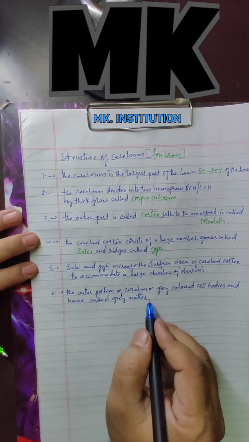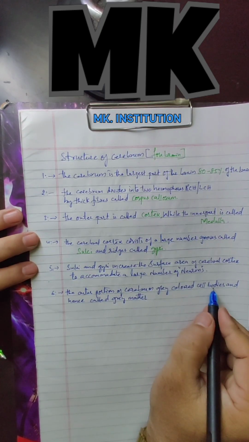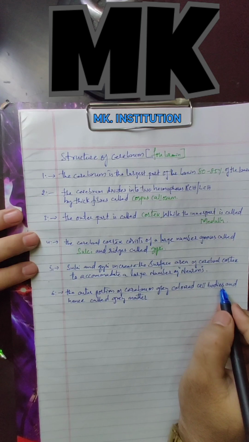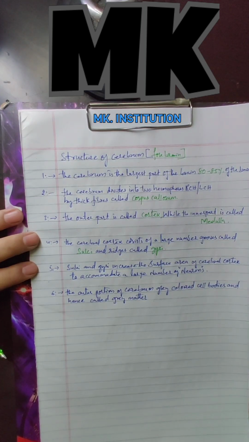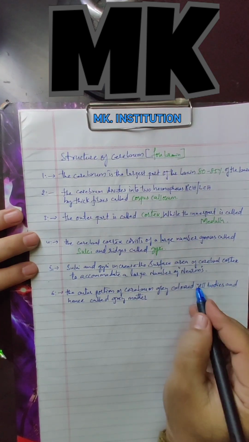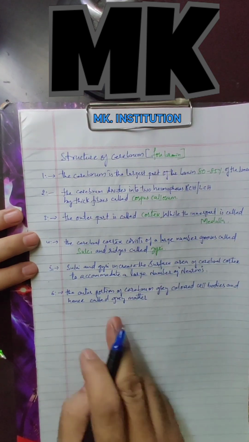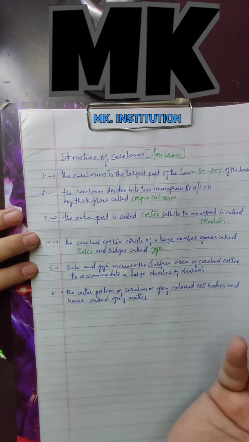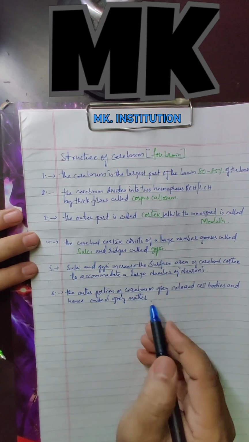Outer portion of cerebrum has gray colored cell bodies. What are cell bodies? Just now we studied in another video, I told you cytome, pericardia, cell body. Clear. So a large number of cell bodies will be accommodated in that outer portion and look gray in color. So that matter is called gray matter.